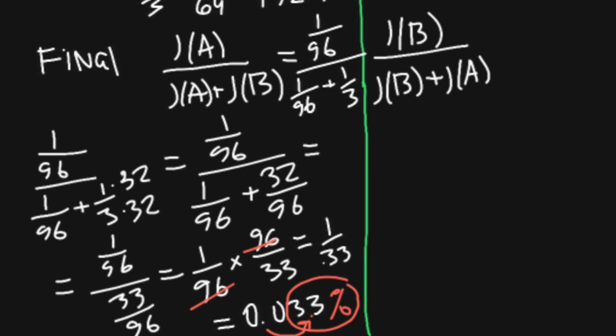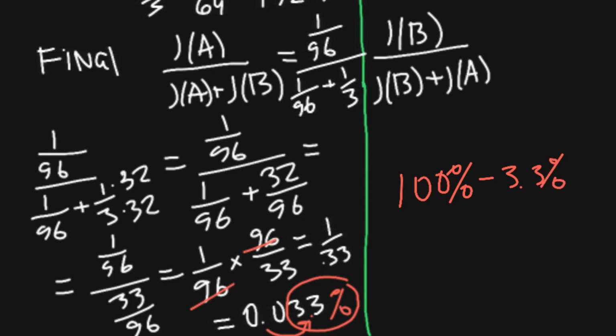We can do the same calculations here. I just want to save time, and I can tell you that the number that we are going to get on this side would equal 100% minus 3.3%.